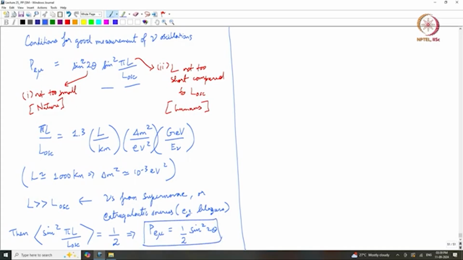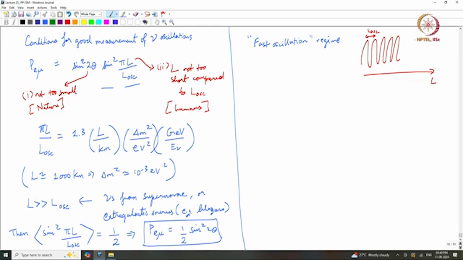Okay, so to give this words, this is the fast oscillation regime, and the picture here to have is, the oscillations are very fast compared to the baseline length. So this is the oscillation length. Okay, and of course the amplitude is given by, let me draw that in green.